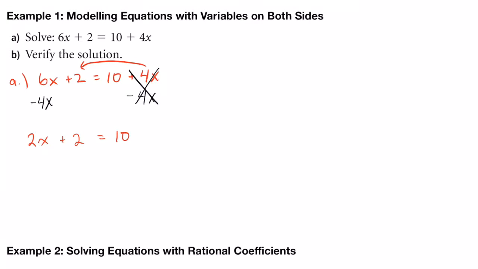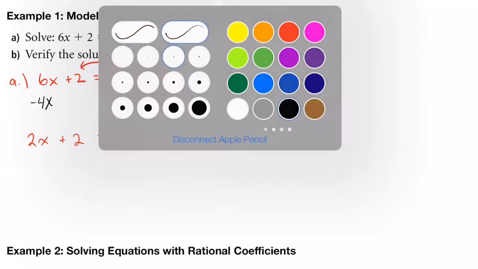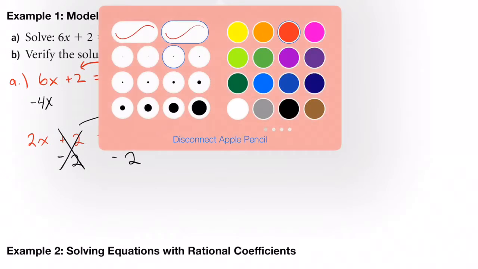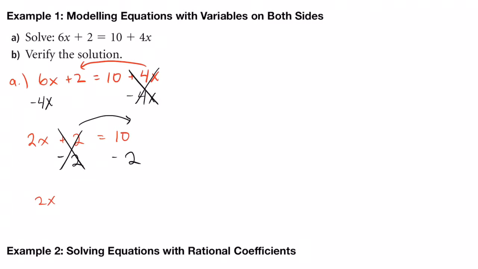So I want to get rid of it from that side, and what I need to do is move it over to the other side. I'm going to subtract 2 from both sides, which cancels this out. So what I'm left with is 2x equals 10 minus 2, which is 8.